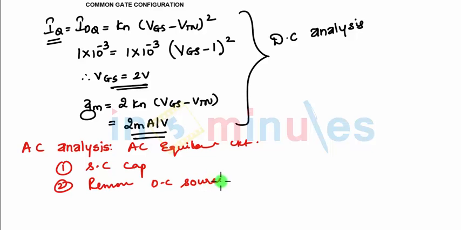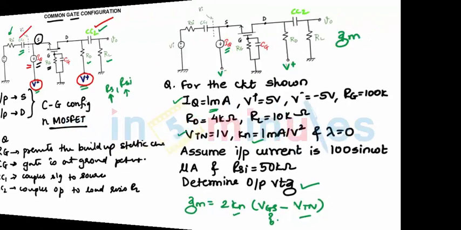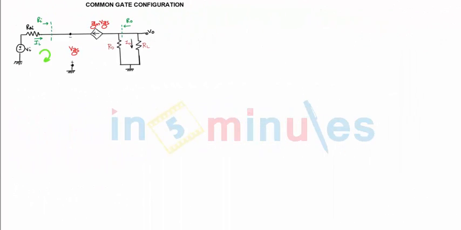So coming to the diagram, you have this DC source and another DC source, the current source will be open circuited, then capacitor CC1 and capacitor CC2 will both be short circuited, and the diagram will look like this. This is nothing but the AC equivalent circuit.